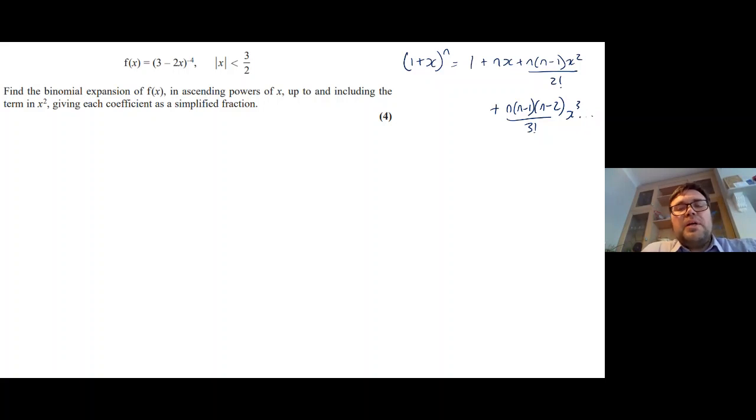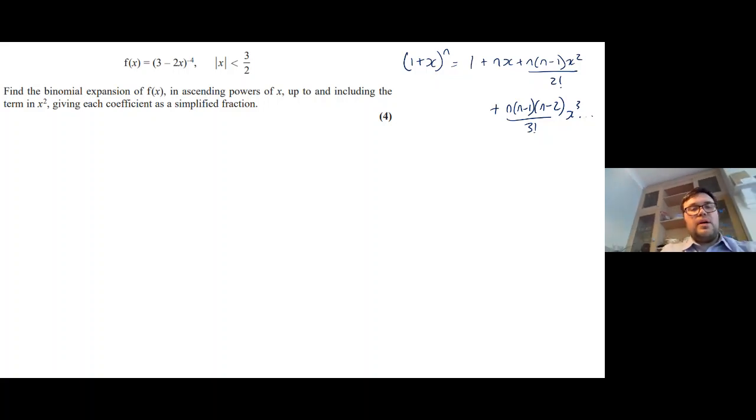That is the binomial expansion in the formula booklet. As I said, you have to have that constant of 1. For this example, we don't have that. So it says find the binomial expansion of f of x in ascending powers of x up to and including the term x squared, giving each coefficient as a simplified fraction.